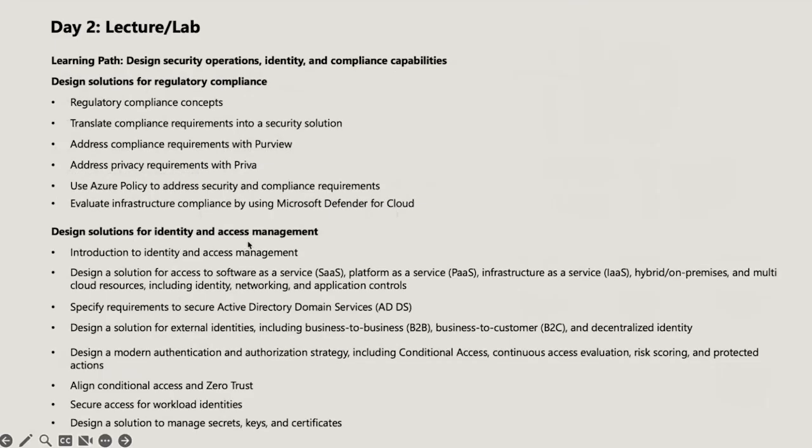We'll also talk about what design solutions for identity and access management we have. Here we'll talk about what comes under identity and access management.